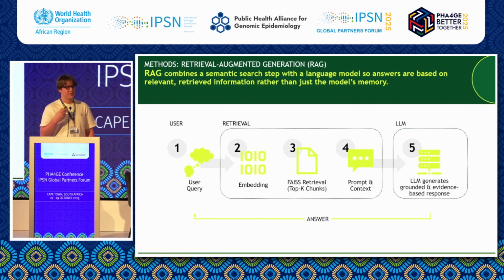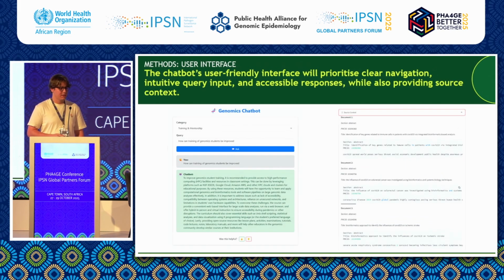It then passes that context plus the embedded question to a language model, which generates an answer grounded in that retrieved information. This helps reduce hallucinations and improve accuracy, because the response is based on the actual retrieved content and not on what the model was trained on.